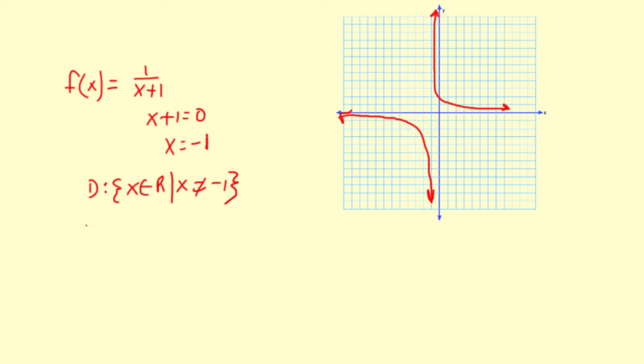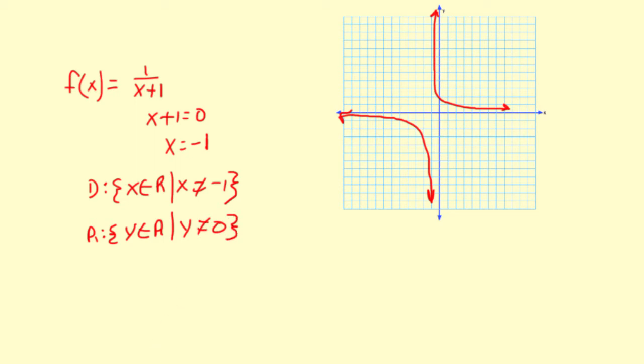So this works right here. And the graph does not hit 0. It does approach in both directions. So the range is this: y is an element of the real number set such that y is not equal to 0.